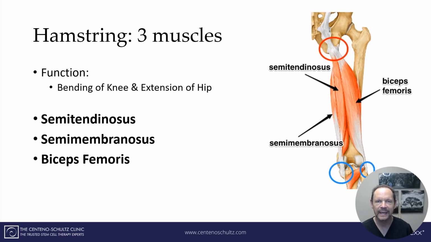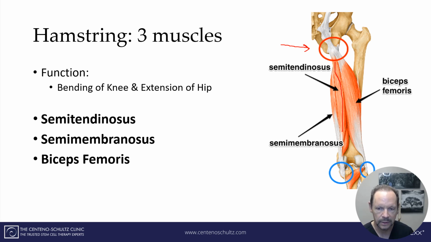So the hamstring in its basic form are three major muscles in the back of the thigh. They help you bend the knee and extend the hip. And they're illustrated here. Here are the three. The semitendinosus, which is this muscle here. Now it starts here at the sits bone, and then it goes down to the posterior thigh.